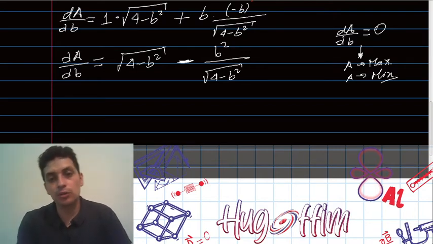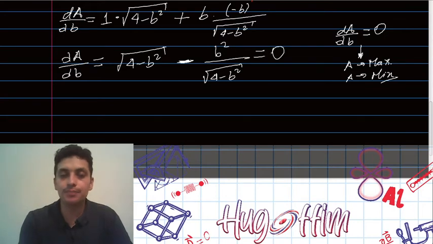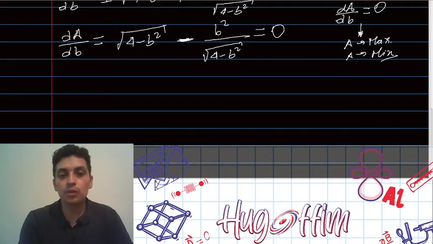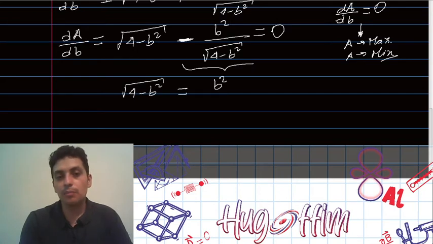So now we're going to set this derivative equals to 0. Okay, if I have this expression equals to 0, I can add this term to each side of the expression to have root of 4 minus b squared equals b squared over root of 4 minus b squared.